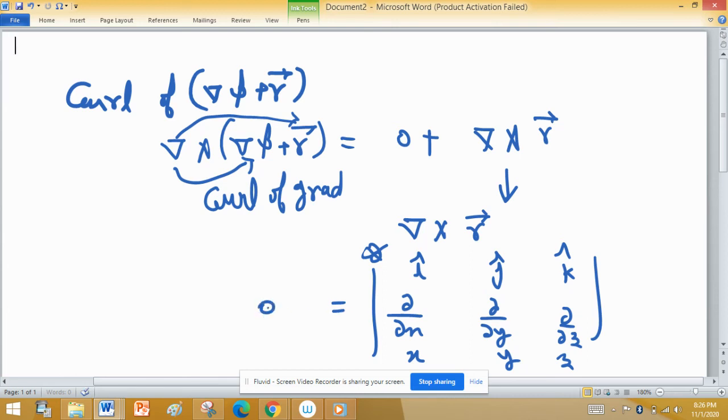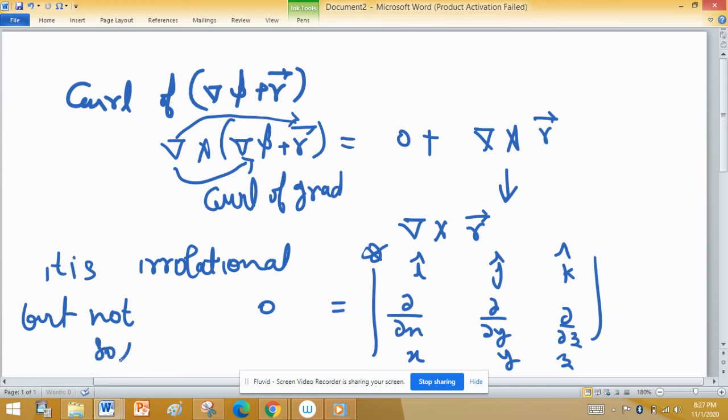We know that, and you can compute this. So it is irrotational, but not solenoidal.